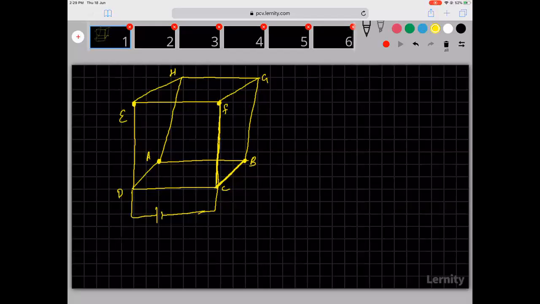Now, F is two resistors away from the positive terminal. B is also two resistors away from the positive terminal. Because of this, I say that F and B will be at the same potential.